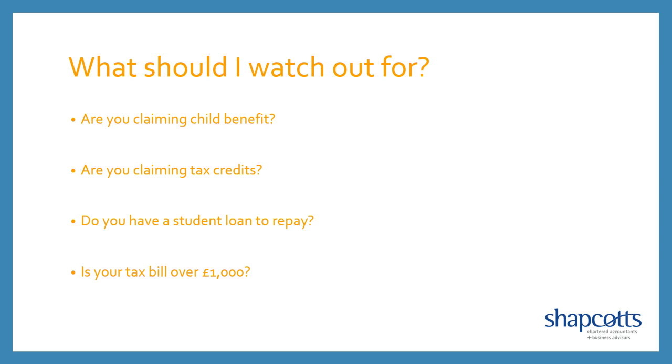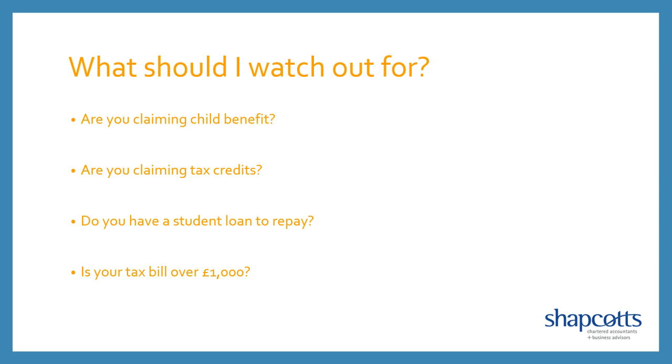The final thing to watch out for is your tax bill. Now, when your tax bill goes over £1,000, the taxman likes to get his money early. So what I mean by this is that he likes to get some money for next year, this year.